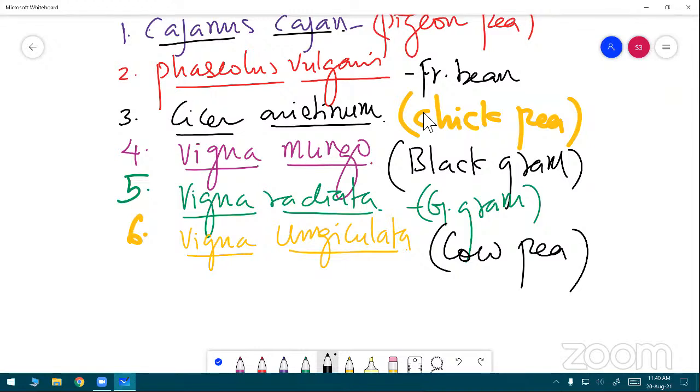Vigna unguiculata is the binomial of cowpea.